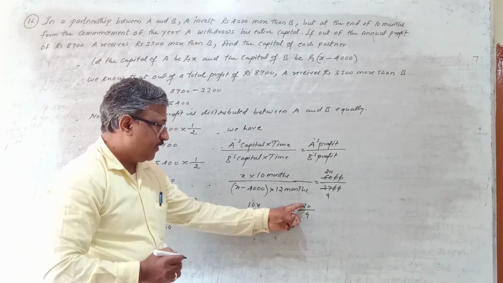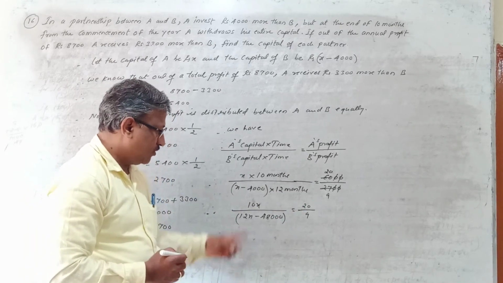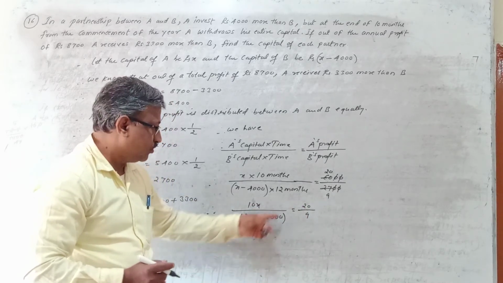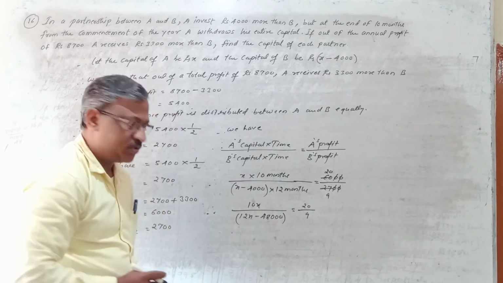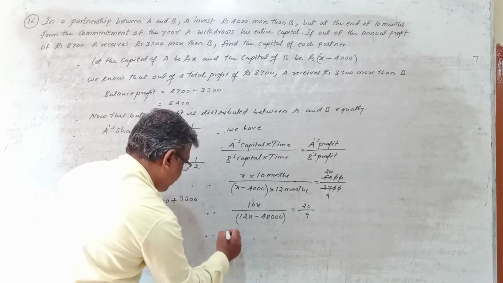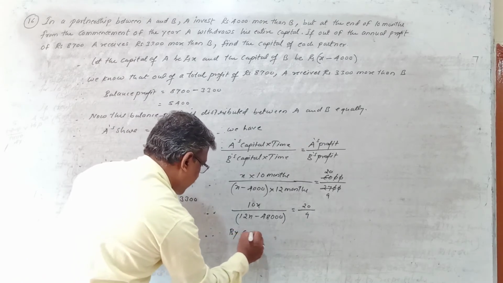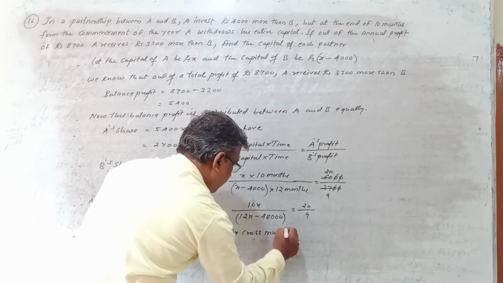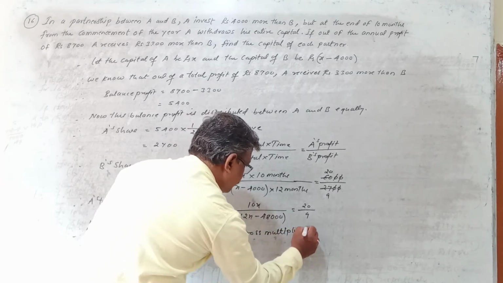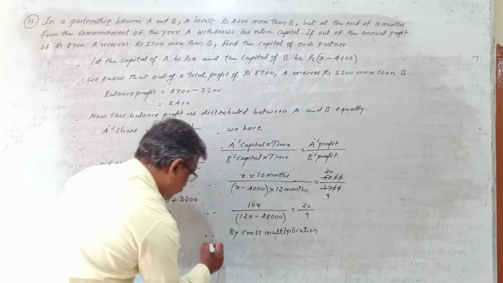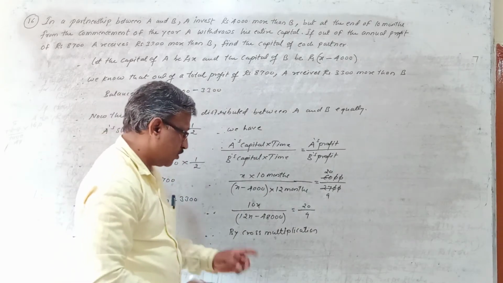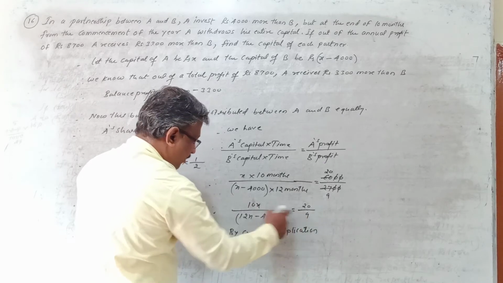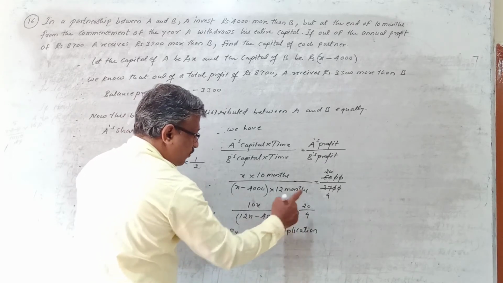Again, 20 is not exactly divisible by 9, and this also we cannot divide, but I can do the cross multiplication. So to simplify this further, you do the cross multiplication. This is how you have to do it: 10x you multiply by 9, and 12x minus 48,000 you multiply by 20.